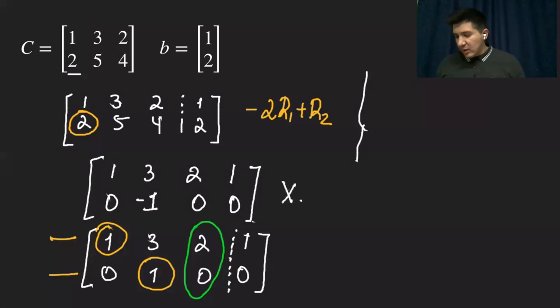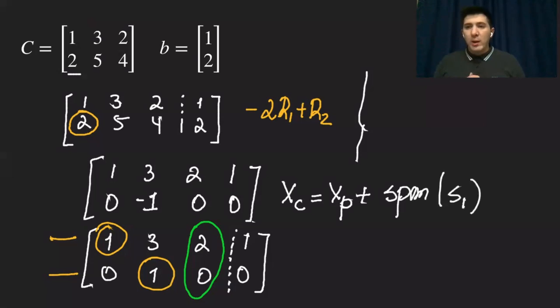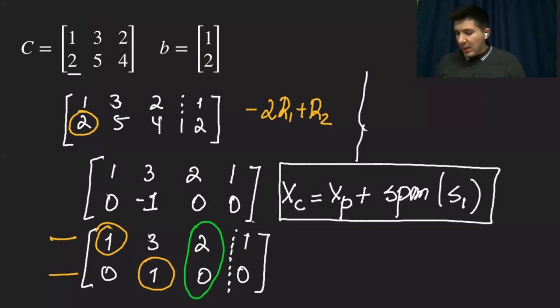The complete solution is going to be the particular solution plus the span of the null space solutions. In this case, you are going to have only one special solution. So here is an example of a matrix which has full row rank, which has infinitely many solutions for any system of equations AX is equal to B.